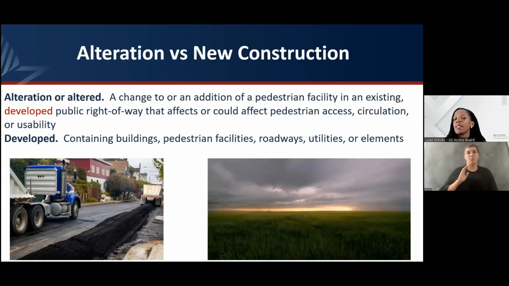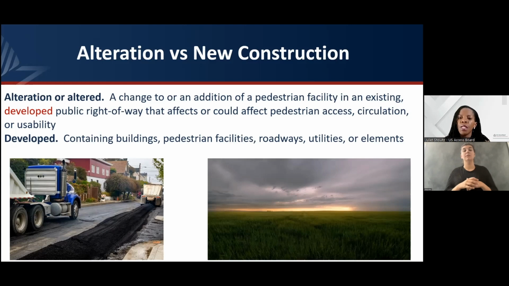The board has revised the definition of alteration, and the board has also provided a definition for developed, which is a word used in the definition for alteration. An alteration is a change to or an addition of a pedestrian facility in an existing developed public right-of-way that affects or could affect pedestrian access, circulation, or usability. Developed is defined as containing buildings, pedestrian facilities, roadways, utilities, or elements.